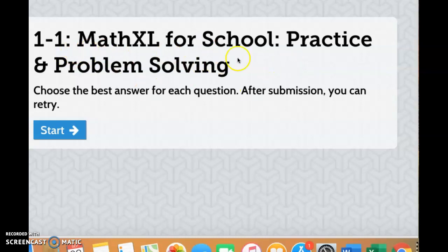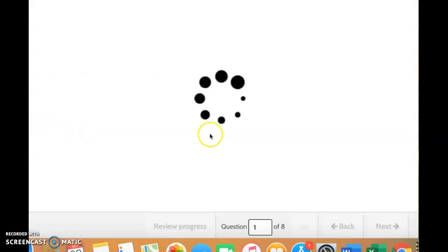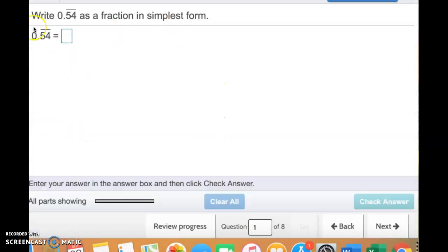We have lesson 1 math for school, practice and problem solving. Everybody has done this one already. Once you click start, it pops up and shows you the problem. Most of the time, one of the things that you have an issue with is how to write the answer correctly. Sometimes you'll think, well, I know that I got that answer right, but once you put it in, it doesn't show up that it is right.